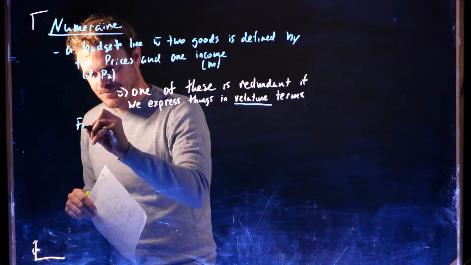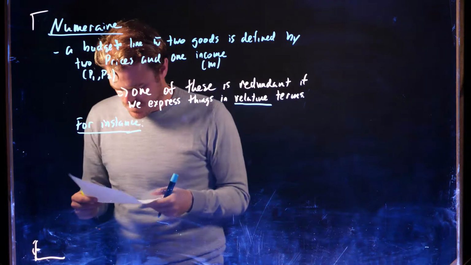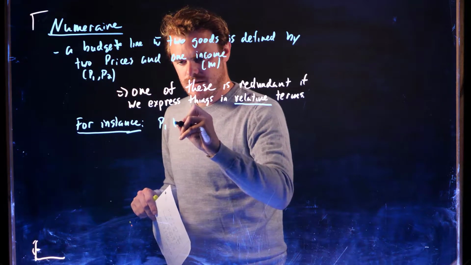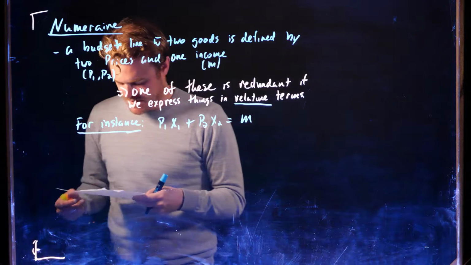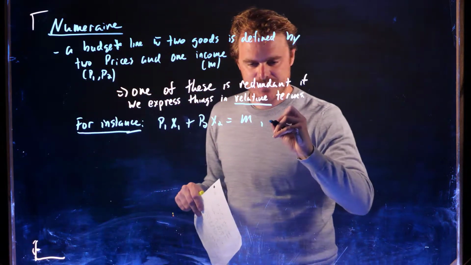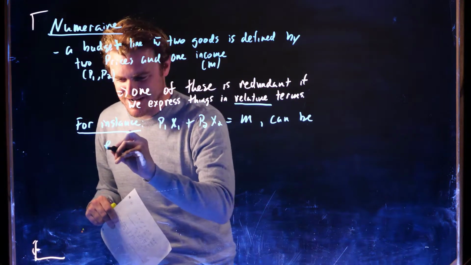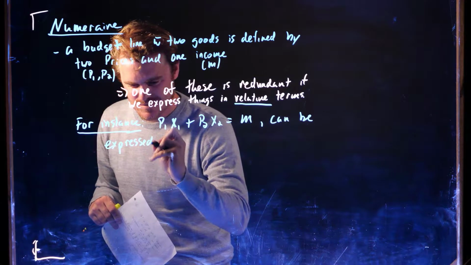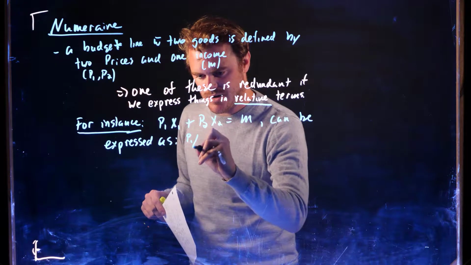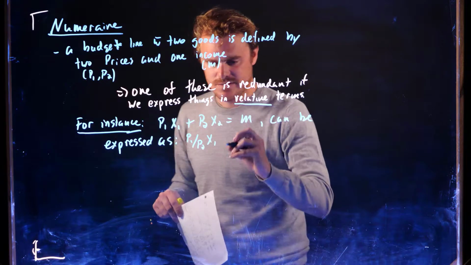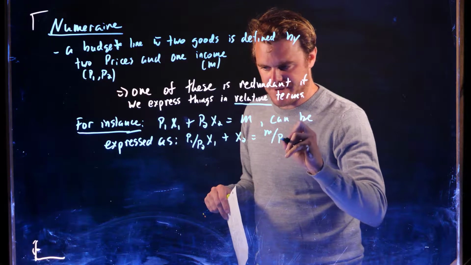So for instance, we have P1 x1 plus P2 x2 equals M. We can express this as P1 over P2 times x1 plus x2 equals M over P2.